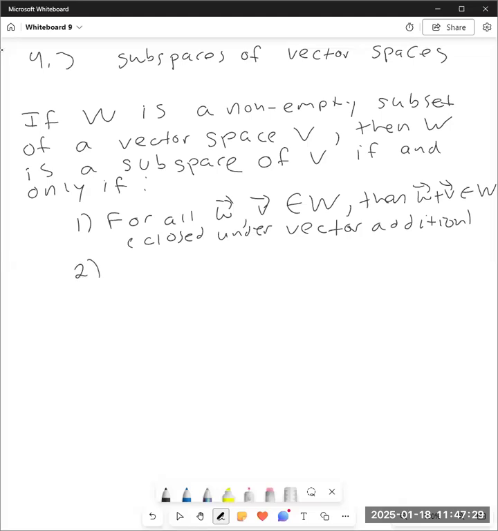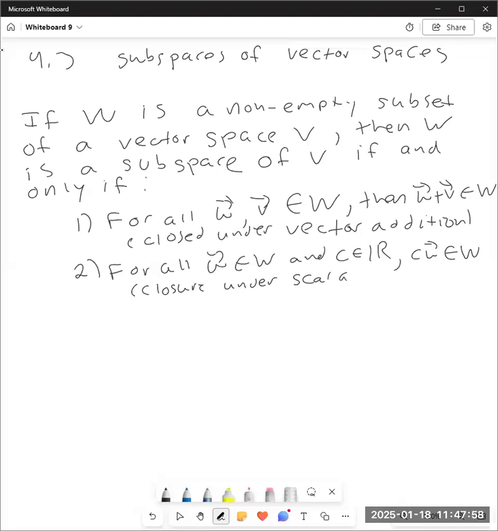Two, for all U in W and C in the real numbers, C times U is in W. That's closure under scalar multiplication.